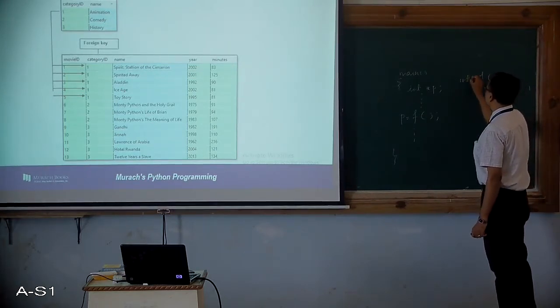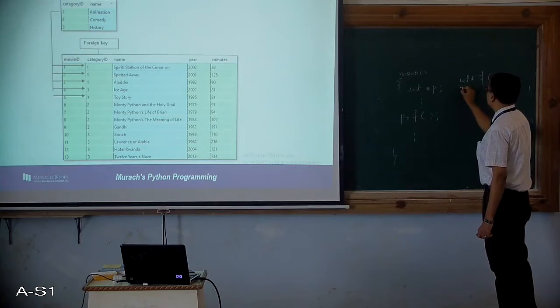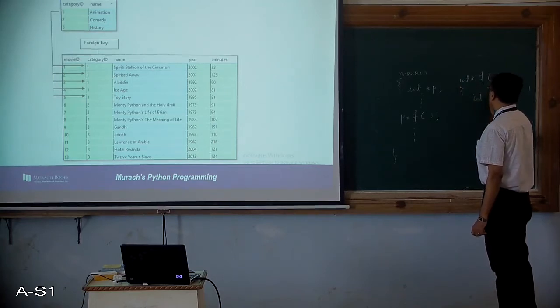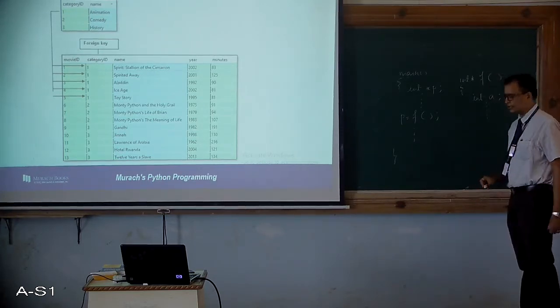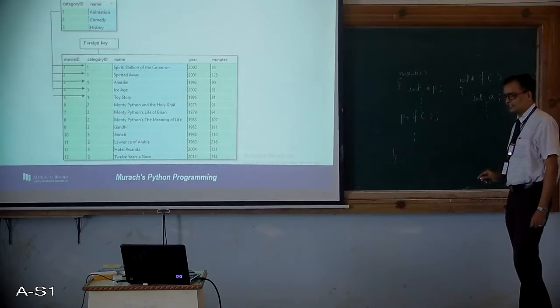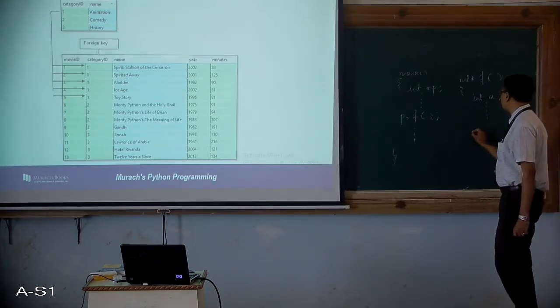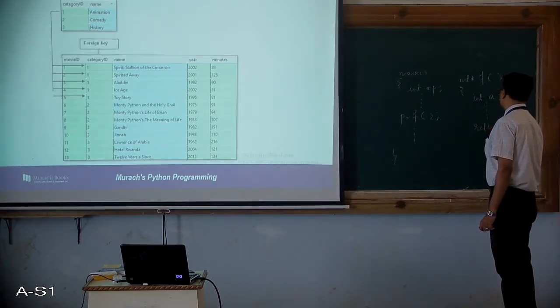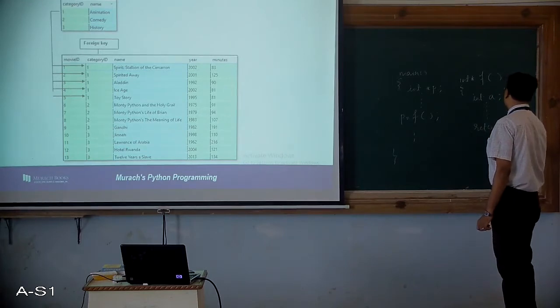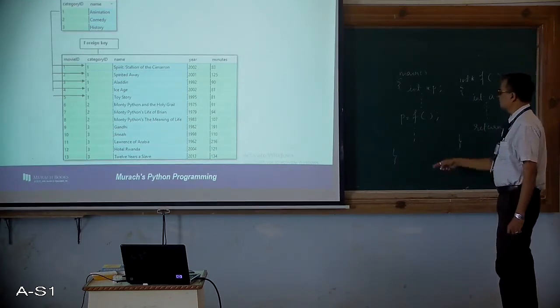What should it return? It should return int star. Then I have a variable a in this particular function. Then I have some more statements written in this function. Then later on I return the address of a to the calling function.